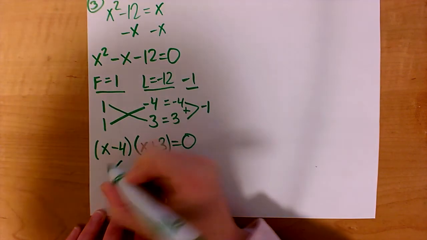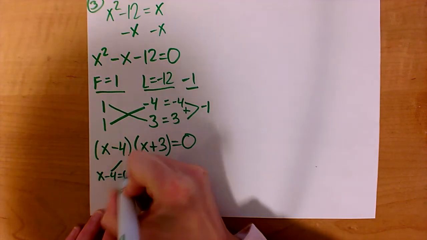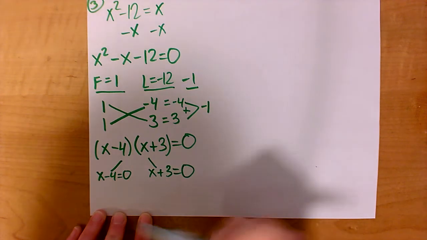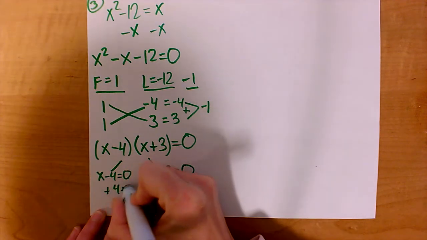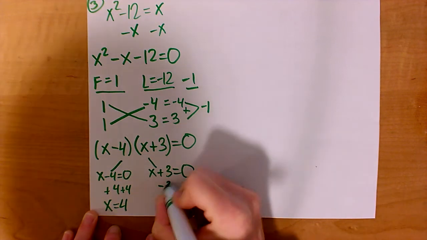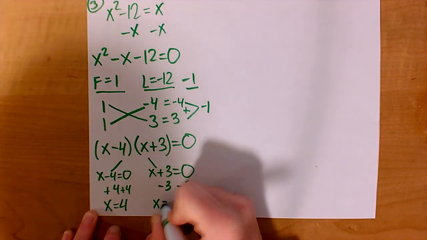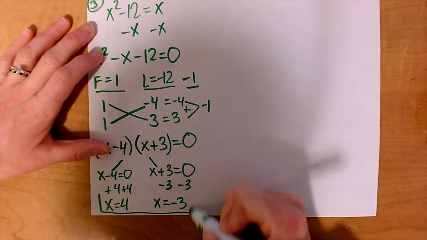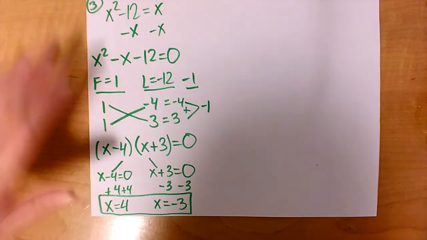So we can take these factors, separate them, set them equal to 0, and solve. On the left we will add 4, and we'll get x equals 4. And then on the right we'll subtract 3, and we'll get x equals negative 3. So our two solutions are going to be 4 and negative 3.